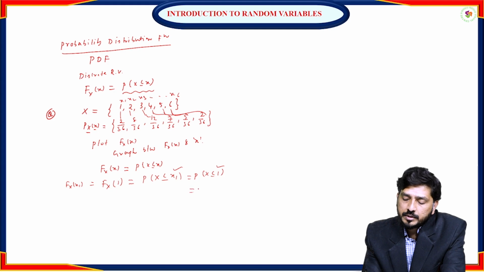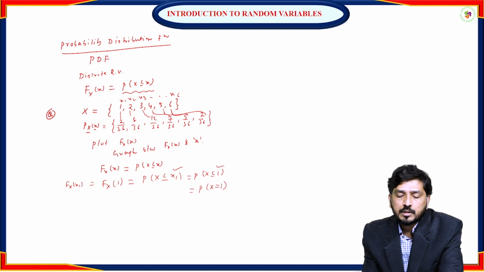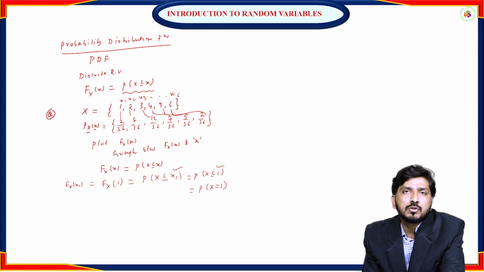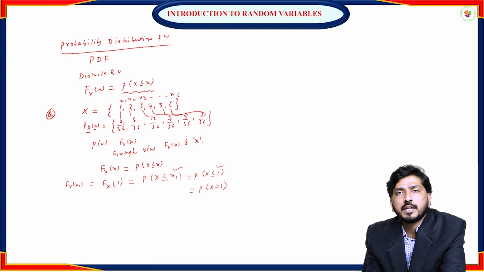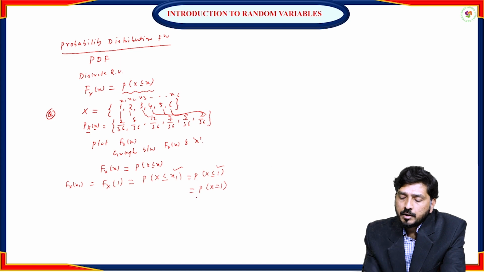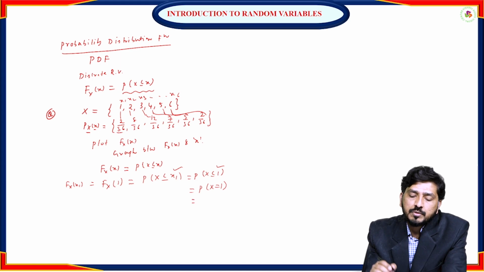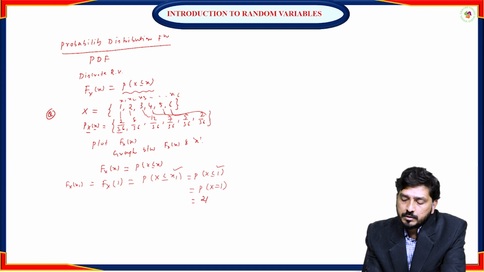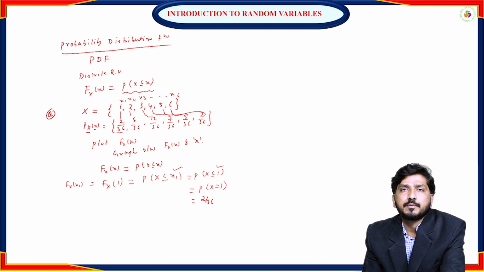Before 1 there is no other element, so we consider up to 1, and the corresponding probability is 2 by 36.